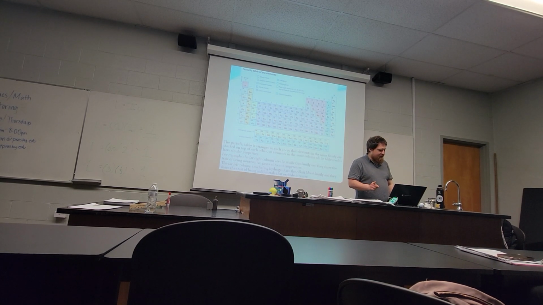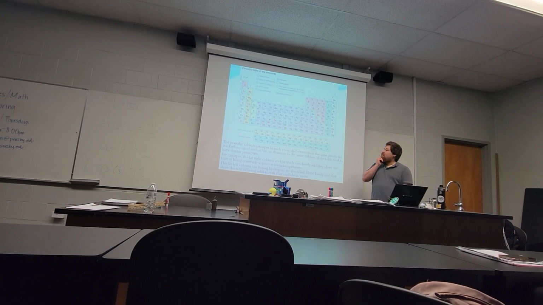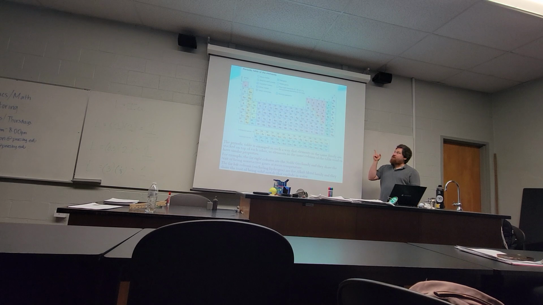Again, not a chem class, but it's still useful to know a few things about this. So, a brief amount of chemistry things that I enjoyed in chem class and find useful to know, just kind of as a brief aside. The vertical stacks on this thing represent families, and families tend to have similar traits.